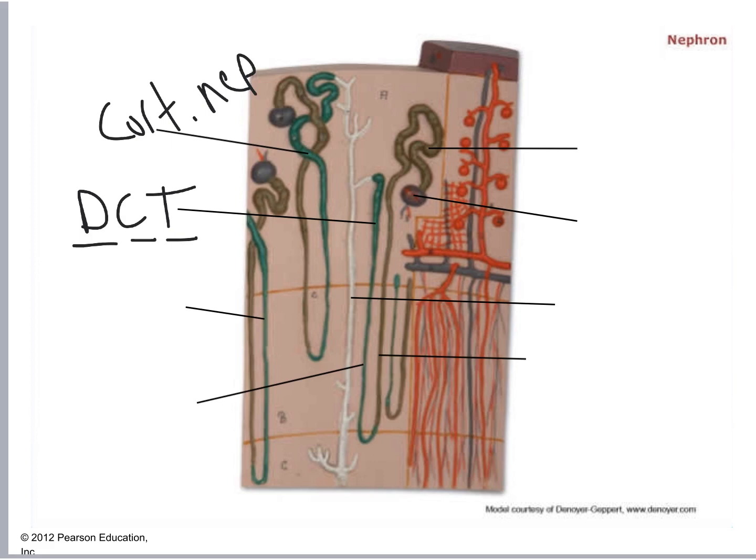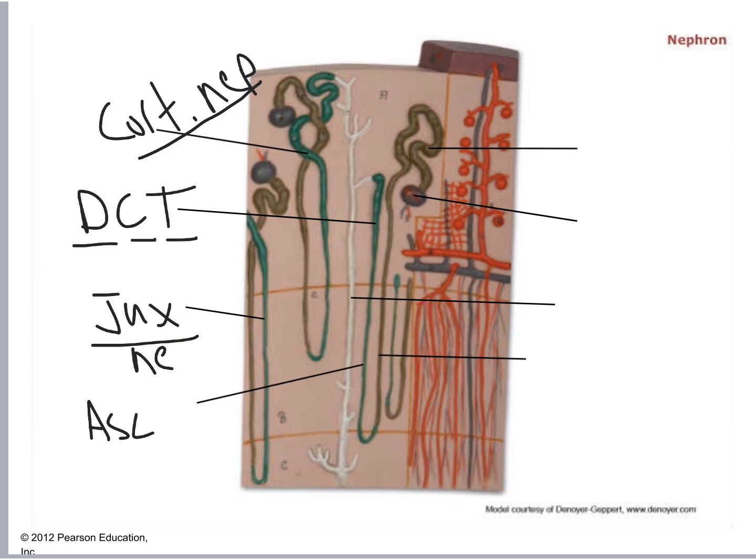All right, the next line is pointing to the juxtamedullary nephrons. So the cortical nephrons are in the cortex of the kidney. Juxtamedullary nephrons are located where they dip down into the medulla or the pyramid. All right, the next line is pointing to the ascending limb of the nephron loop.